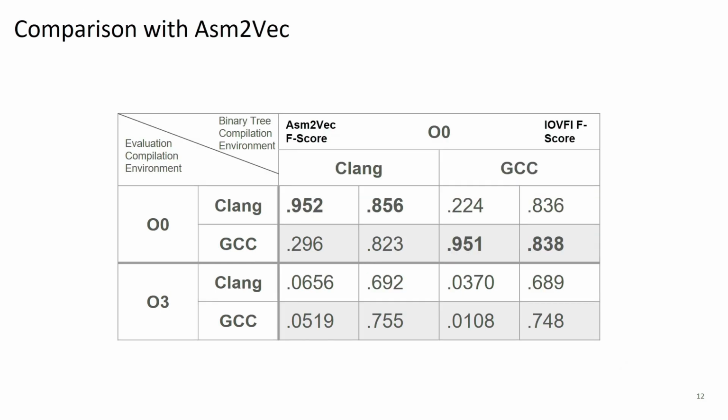We also compared our work with ASM2Vec, and when the compilation environments match, again in the bolded records, we actually perform worse than ASM2Vec. However, again, as the compilation environments change, we remain highly accurate, while ASM2Vec F-scores drop down dramatically.